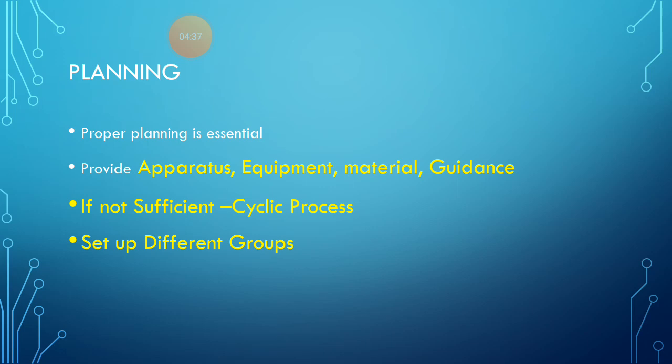That means we change the activities among the groups, which is called the cyclic process, we know. So we need to set up different groups, then follow the cyclic process to exchange the material and equipment for successful completion of the lab work. That should be planned properly.